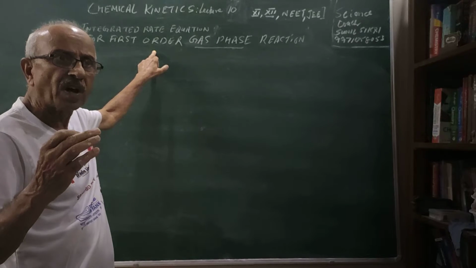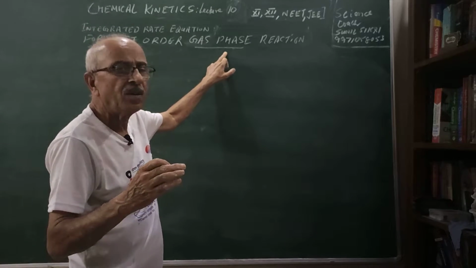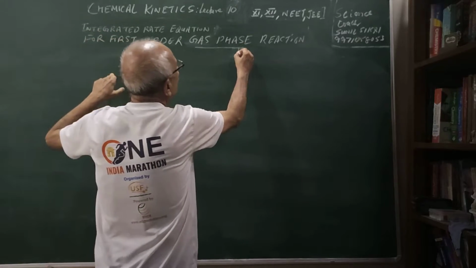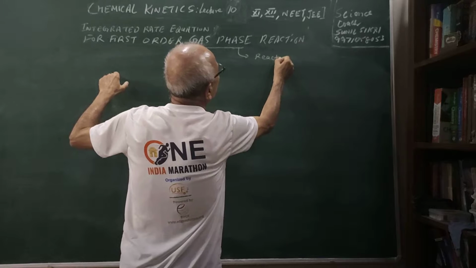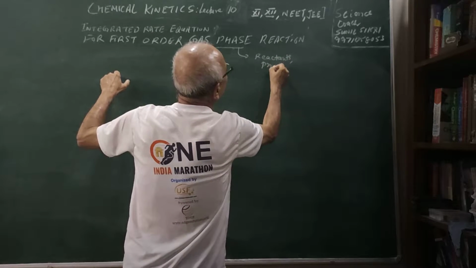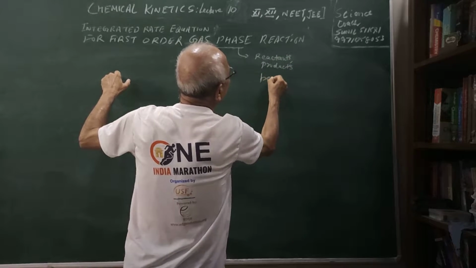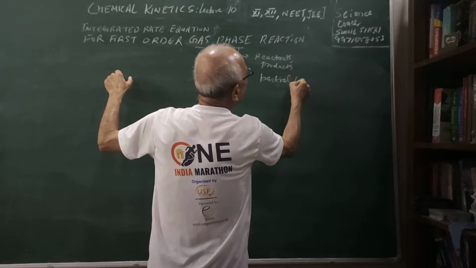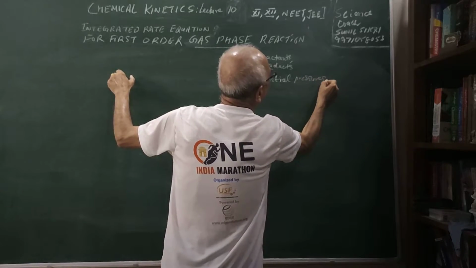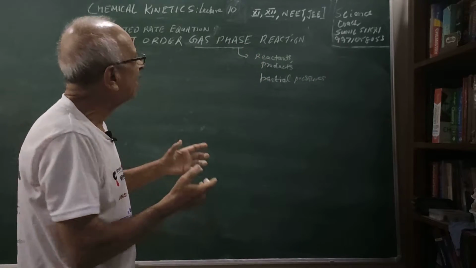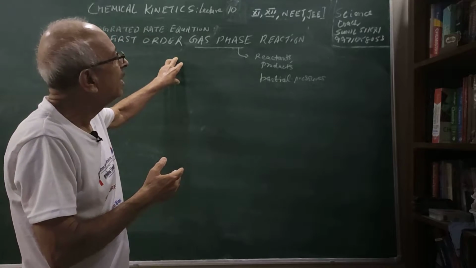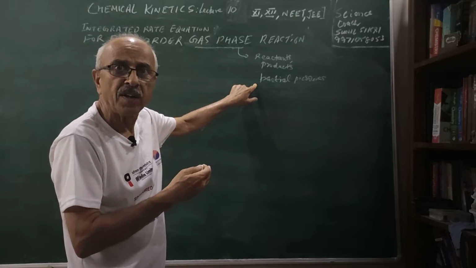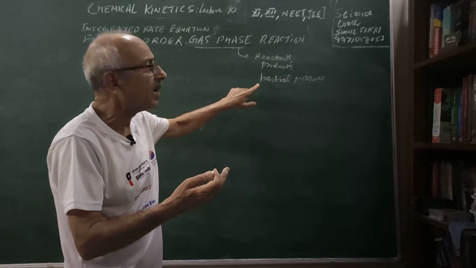But for first order reactions involving gaseous reactants and products, we have to use partial pressures instead of the concentrations. So we are going to now derive a formula for such gaseous reactions. Let us see how we will do it.